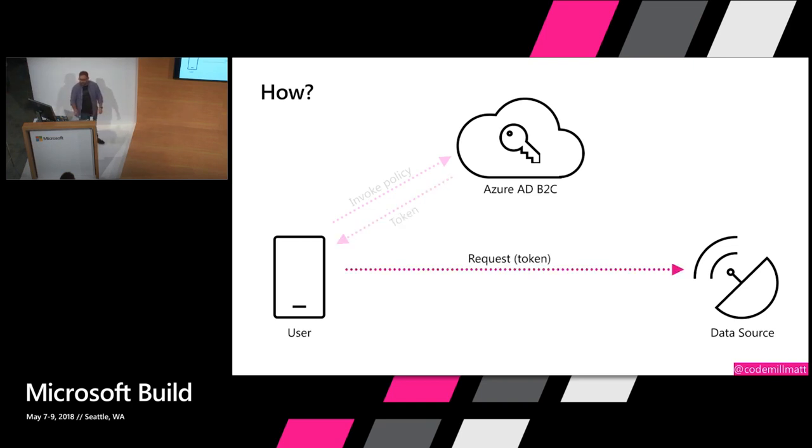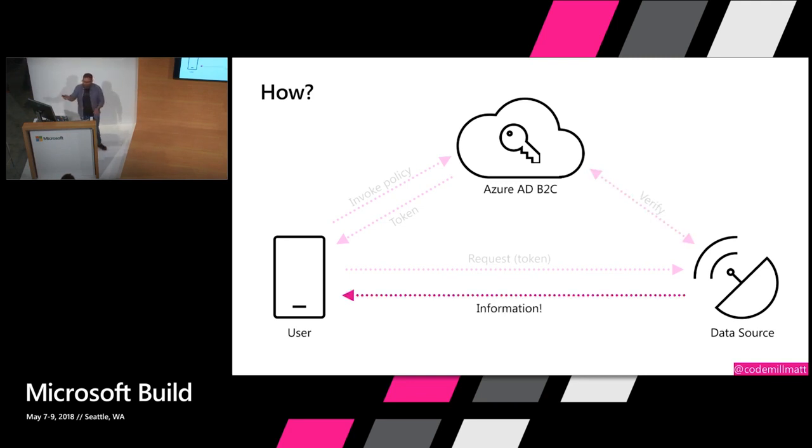I'm going to take that token and make a request to my backend data source, and I'm sending that token along with that request. My backend data source then is going to verify it with Azure AD B2C, and if everything comes through OK, I get the information back. In a nutshell, that's what's happening.